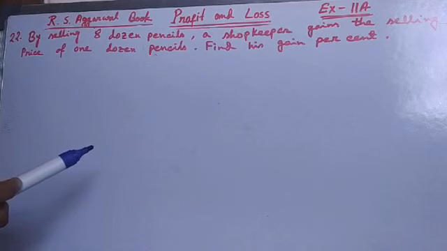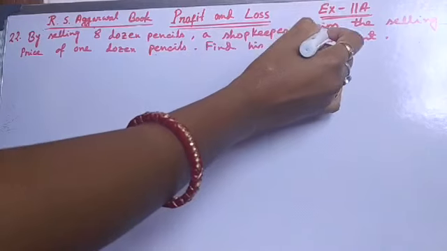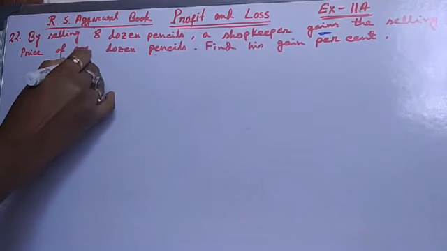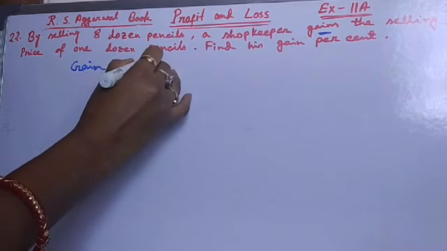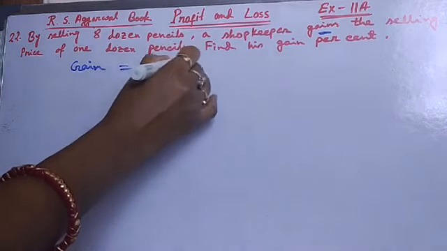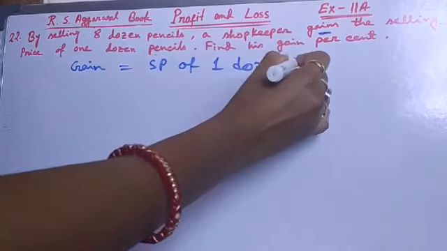That means gain equals, obviously, SP minus CP. That we have to write first, and after that we will put the values there. Here the shopkeeper gains the selling price of 1 dozen pencils. So first of all we will write that gain equals SP of 1 dozen pencil.